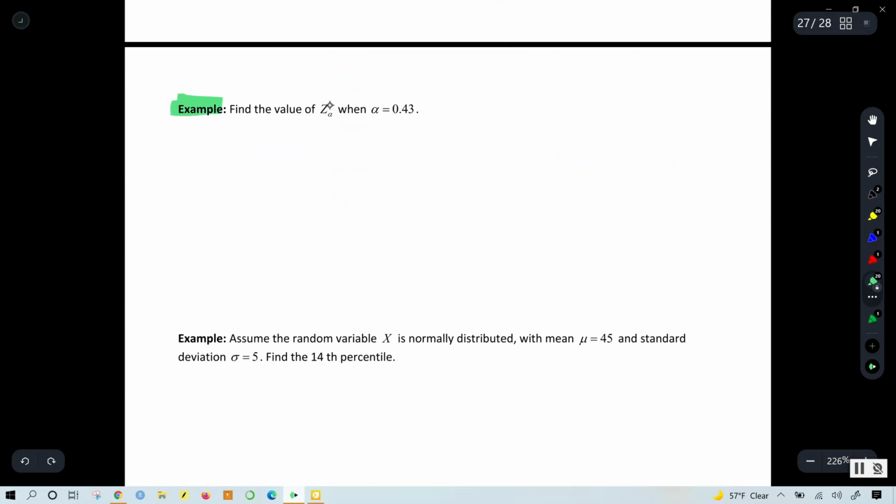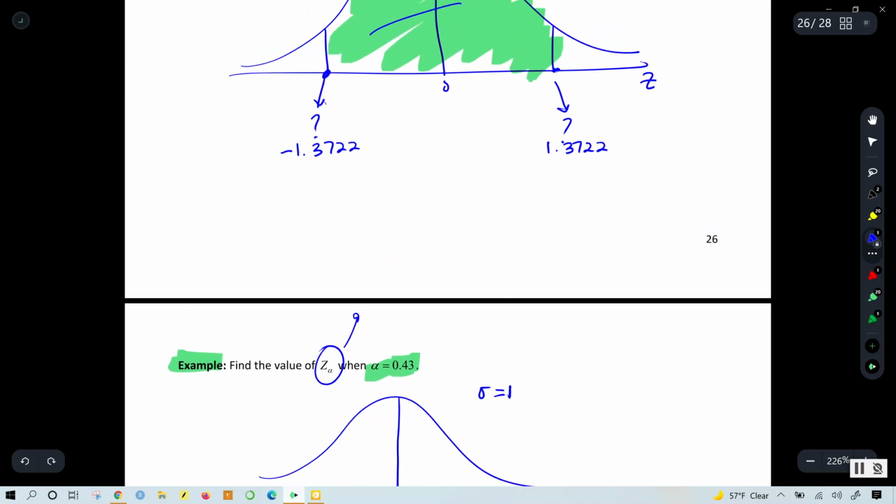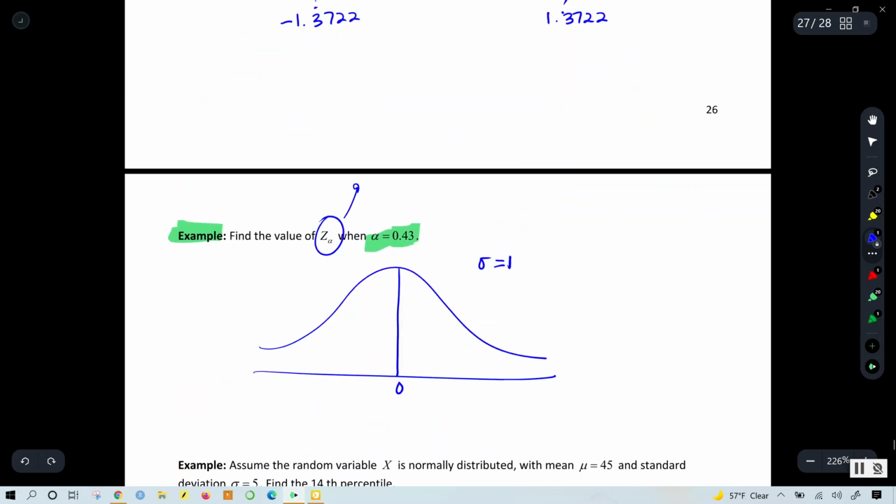In this example, we are using symbols to find the value of Z alpha when alpha is equal to 0.43. This is going to be very useful for us when we get to inferential statistics. Since it's about the Z distribution, I'll sketch the Z distribution with a mean of 0 and a standard deviation of 1. So whenever we see Z of alpha, this might remind you of what we did earlier.